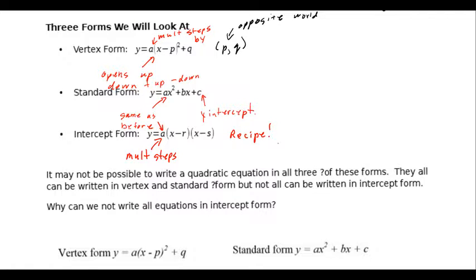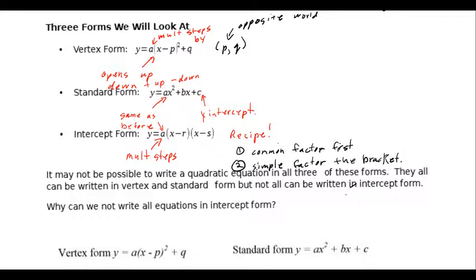The key idea is this: when you're working with something that needs to be put in intercept form, you must, one, common factor first, and then two, simple factor the bracket. You'll see an example of that in today's questions.